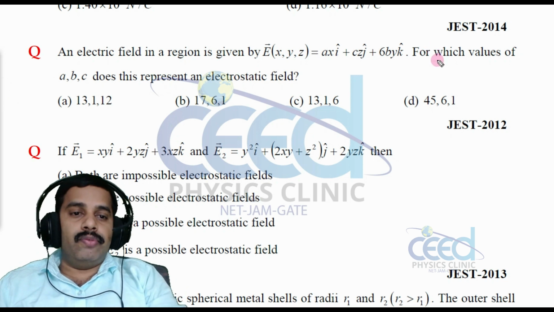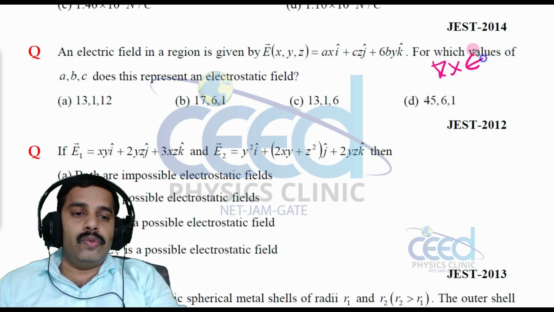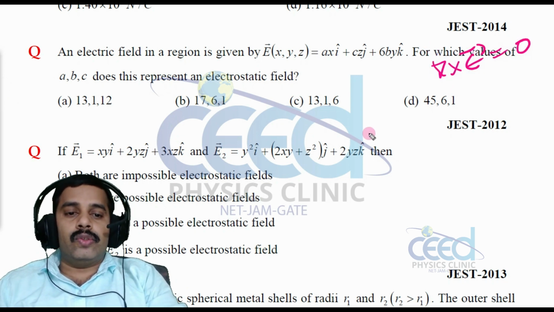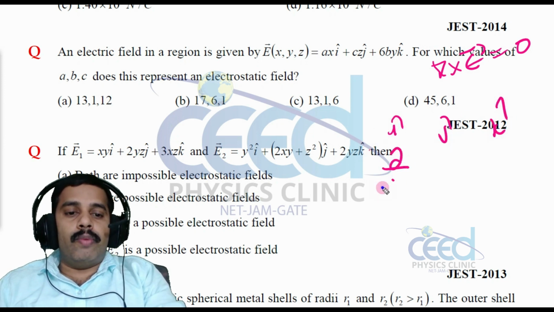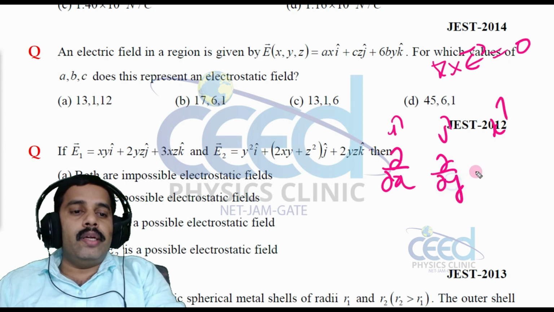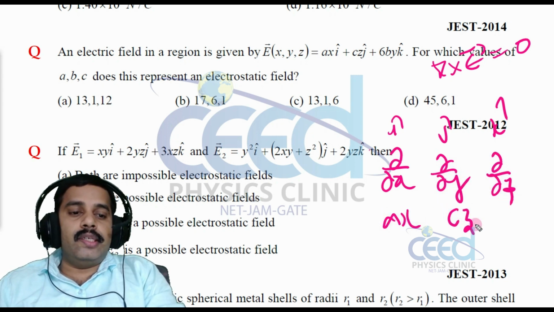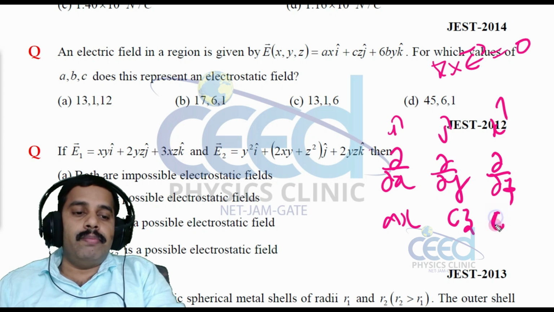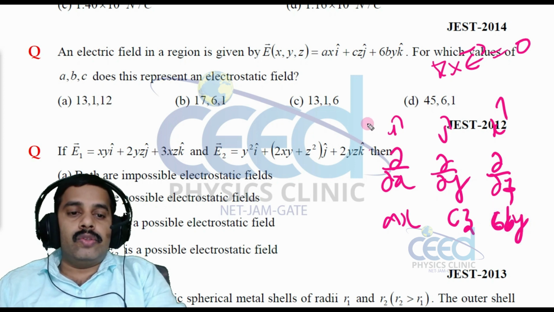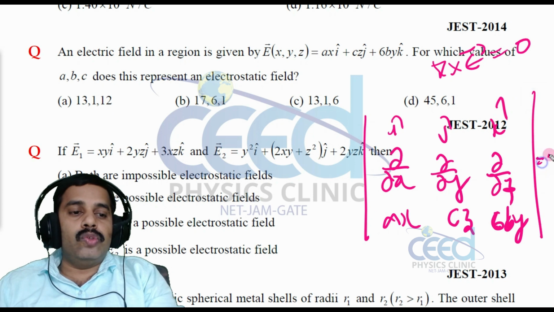For an electrostatic field, we already know del cross E is equal to 0, right? So that is the determinant of i cap, j cap, k cap, dou by dou x, dou by dou y, dou by dou z, and ax, cz, 6by. So this should be equal to 0.